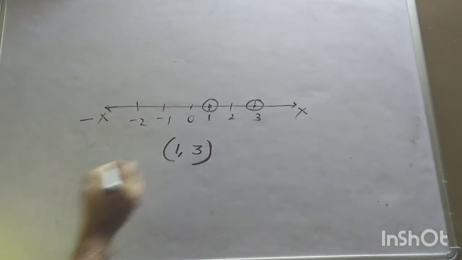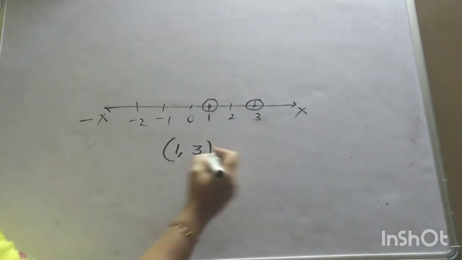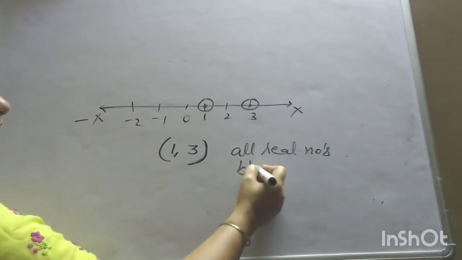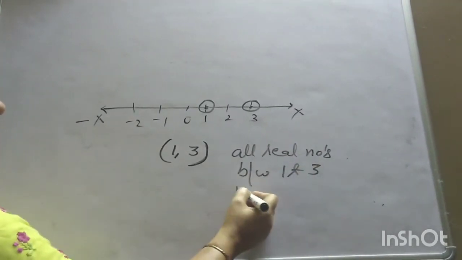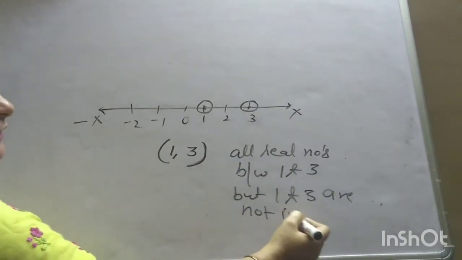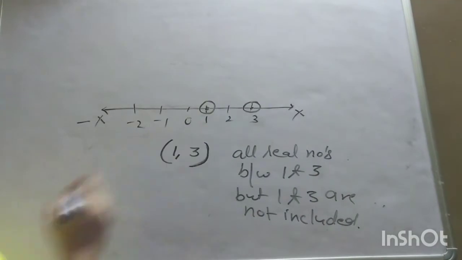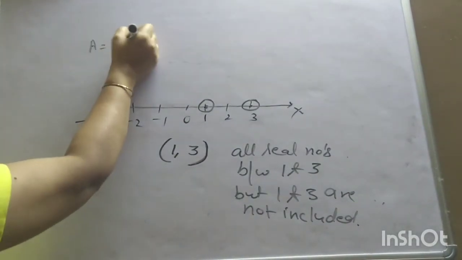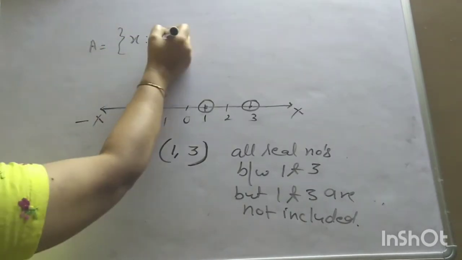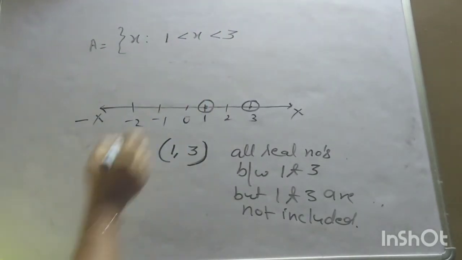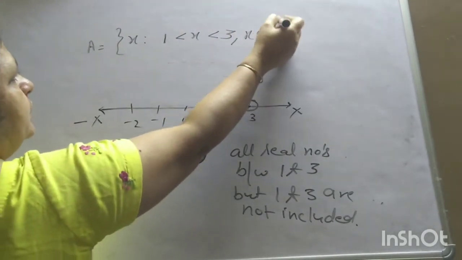These brackets represent an open interval. It means all real numbers between 1 and 3, but 1 and 3 are not included. In set form, we can write it as {x : 1 < x < 3, x belongs to R}.